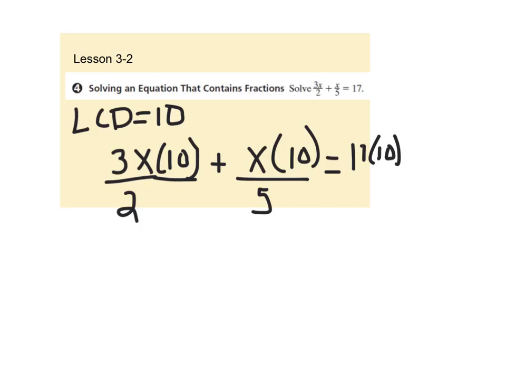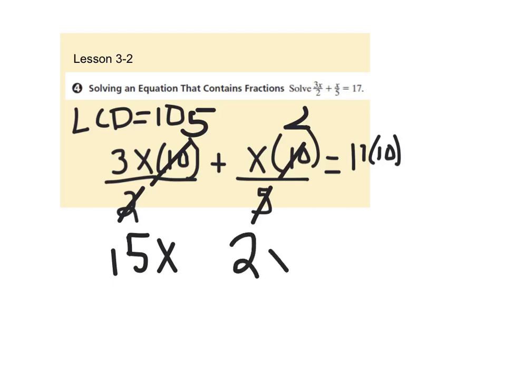Now that I have this 10 in there, I can reduce and simplify. I know that 2 goes into 10 5 times, which in the end is going to leave me with 15x for that expression. 5 into 10 is 2, so I get 2x here. And then 17 times 10 is 170.